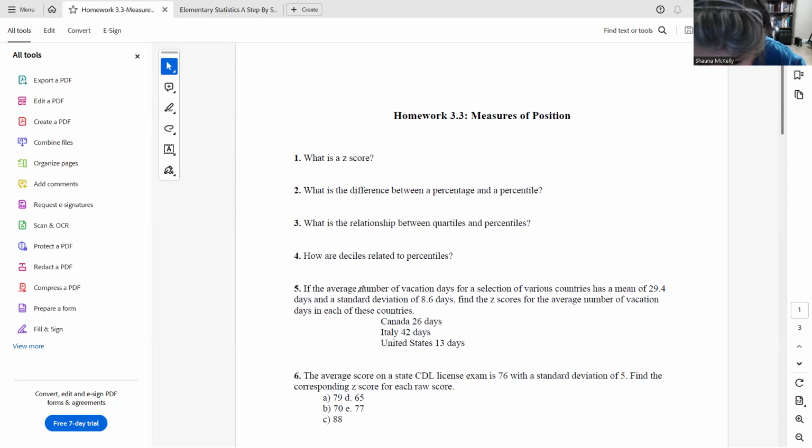So the average number of vacation days has a mean of 29.4 days and a standard deviation of 8.6 days. Find the z-scores for the average number of vacation days in each of these countries, okay?